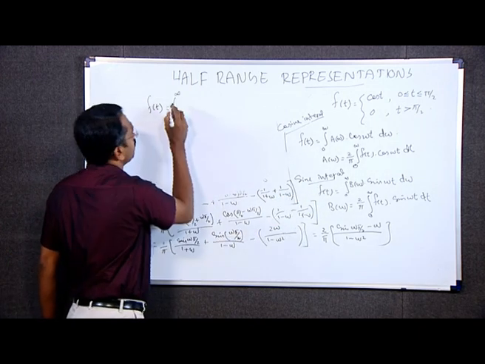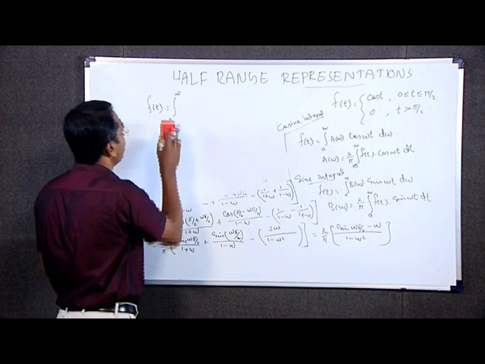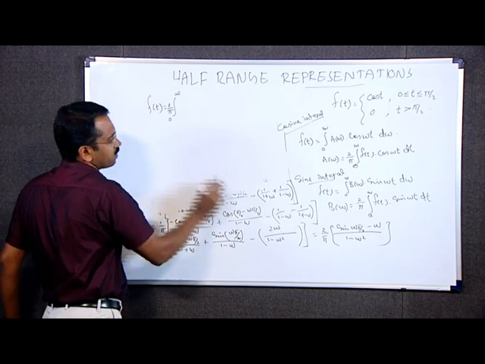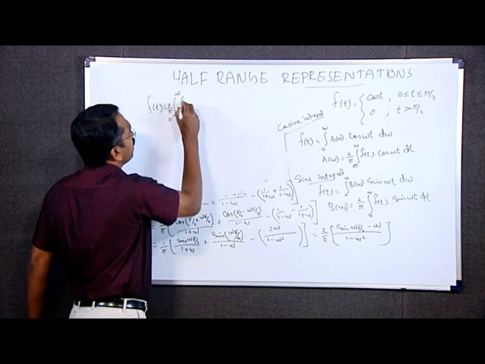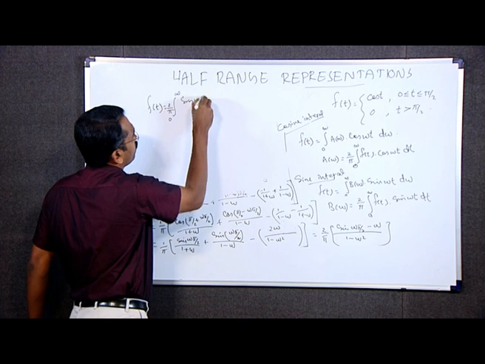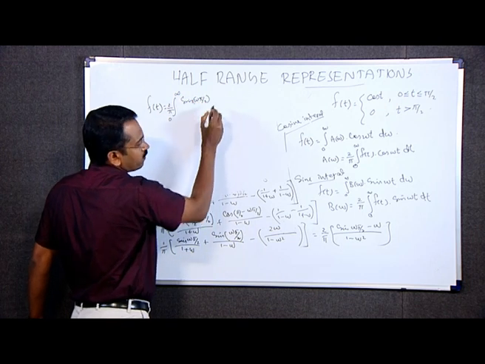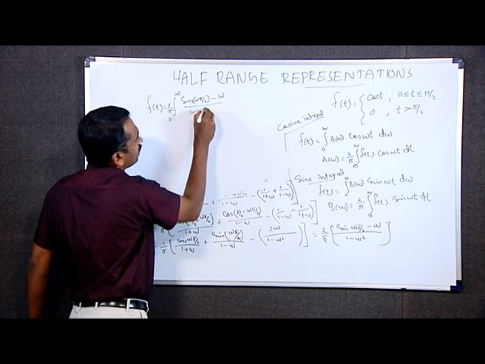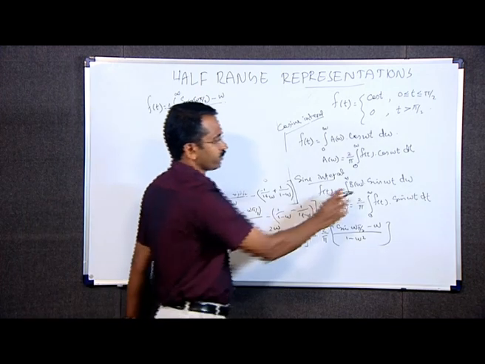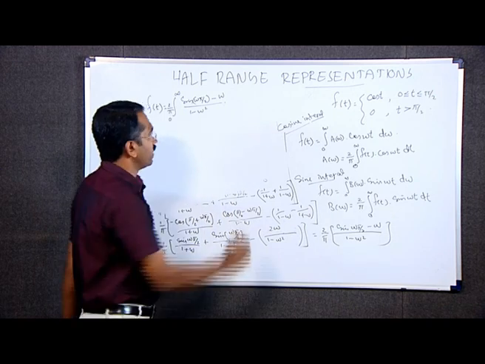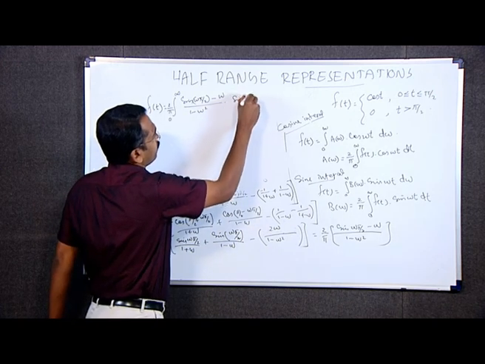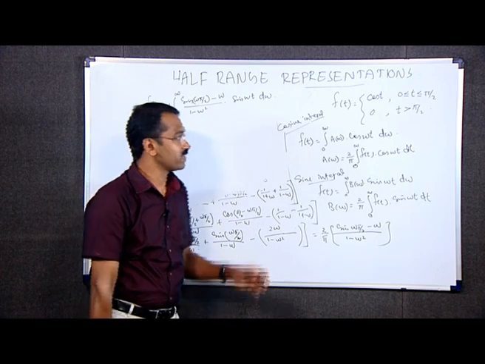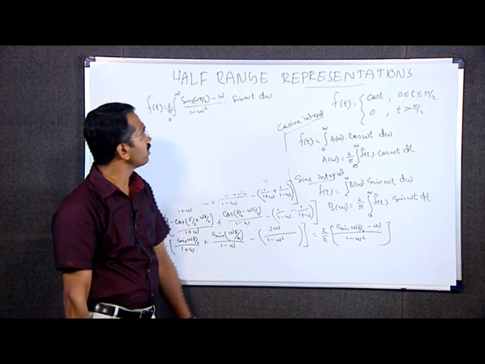B omega is 2 by pi, therefore this 2 by pi can be taken outside of the integral, into [sin(omega pi by 2) minus omega] all divided by (1 minus omega square) into sin omega t d omega. This is the required Fourier sine integral representation of this given function.